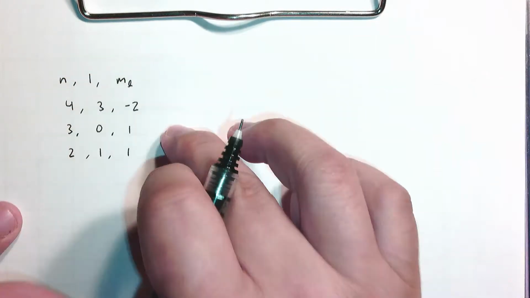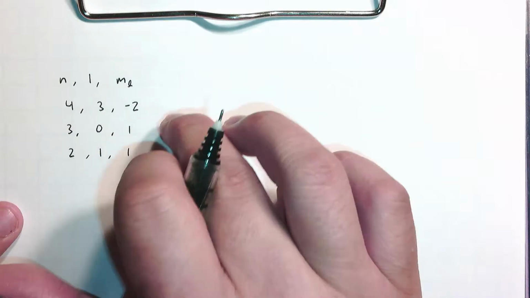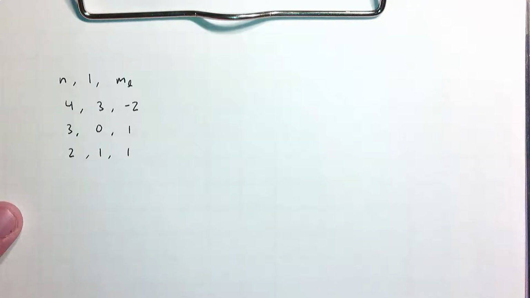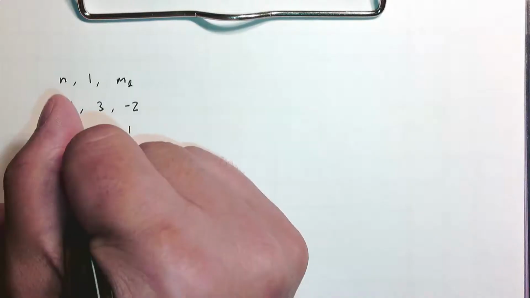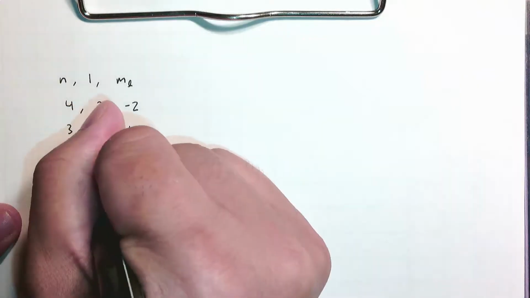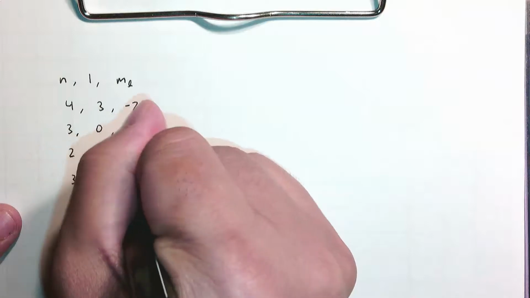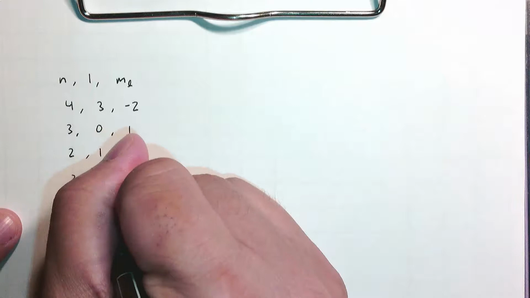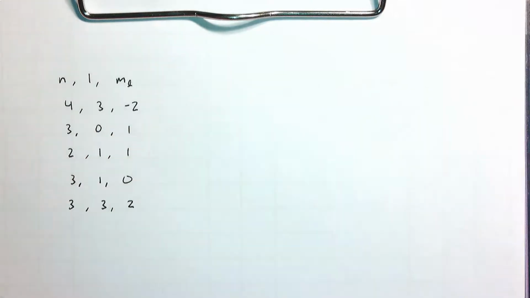For each of these, we're going to put a little check if it's possible, or an X if it's not possible, and maybe it'll also be good if we explain why it's not possible. 3, 1, 0, 3, 3, 2. Let's do these 5 situations.